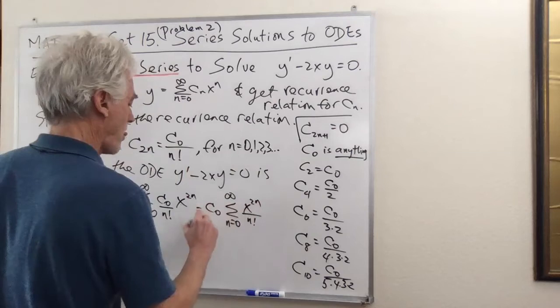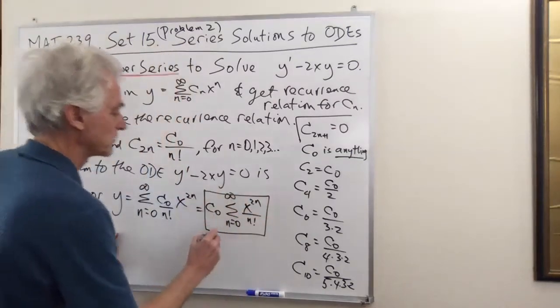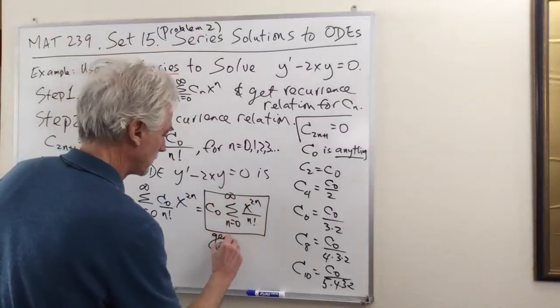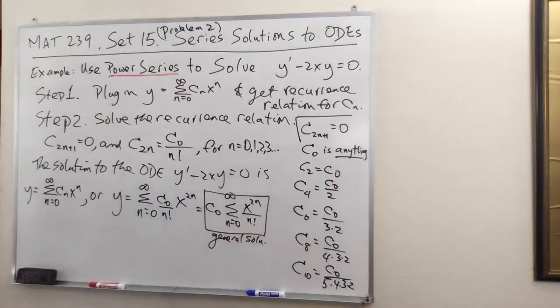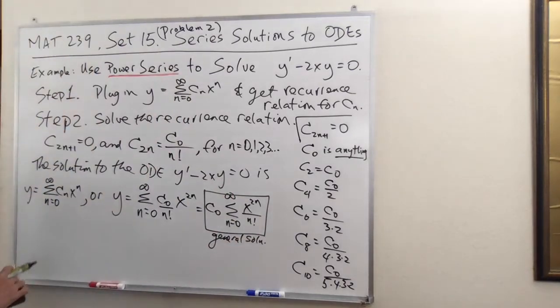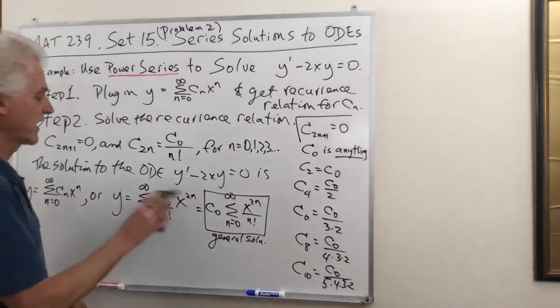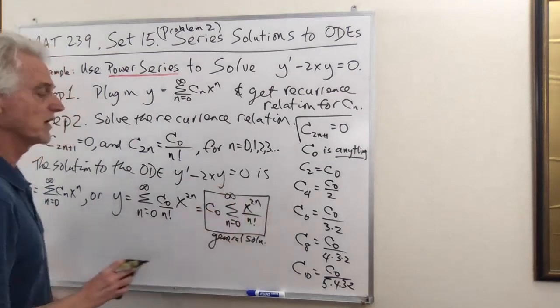Okay? That is the general solution. And you notice that the general solution is an arbitrary constant times a given function.